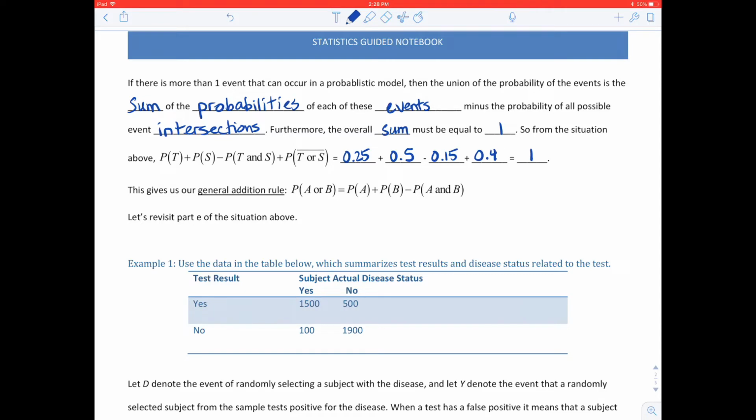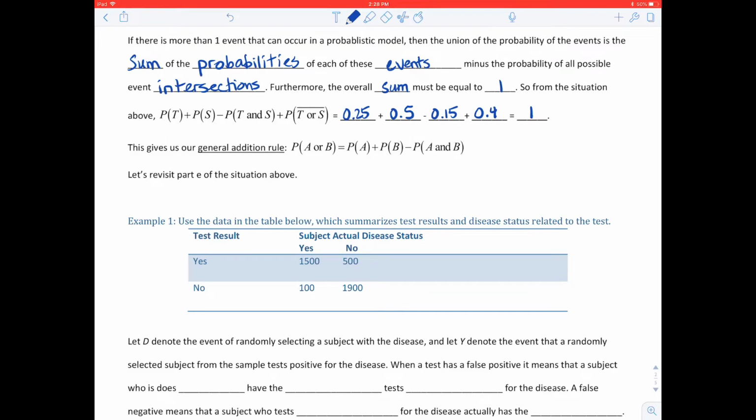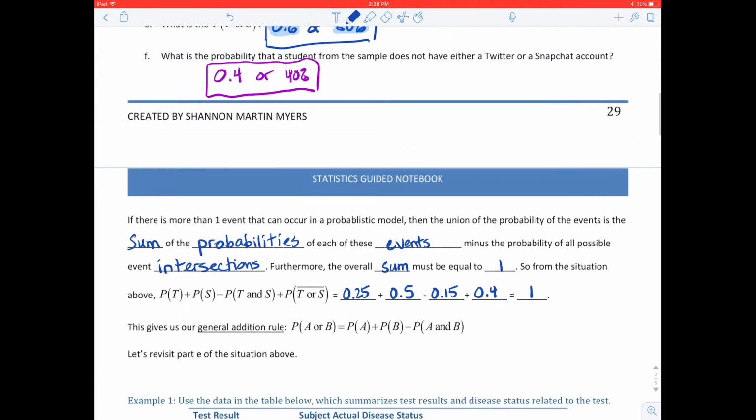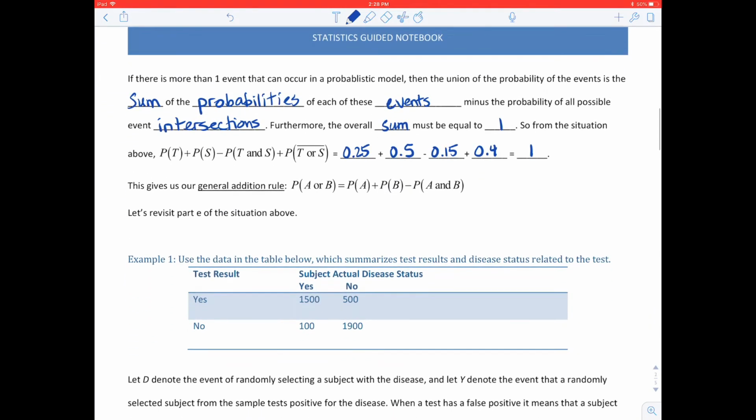All right? So it turns out, if we look at this definition here and we revisit part E of the situation above, which was that OR statement, the probability that a randomly selected student would have a Twitter or a Snapchat account, we could also say this would be the probability of Twitter or Snapchat account.